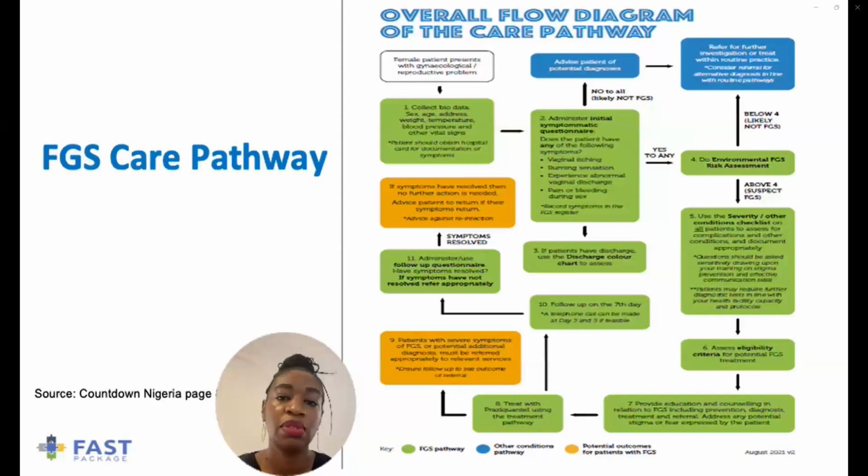And if you're at the community level, and you're allowed to give praziquantel, then you may give. However, if you're not, then the next thing would be to refer to a facility where they're able to do the next step and look for the lesions and even do a laboratory exam. Then at the same time be able to treat.